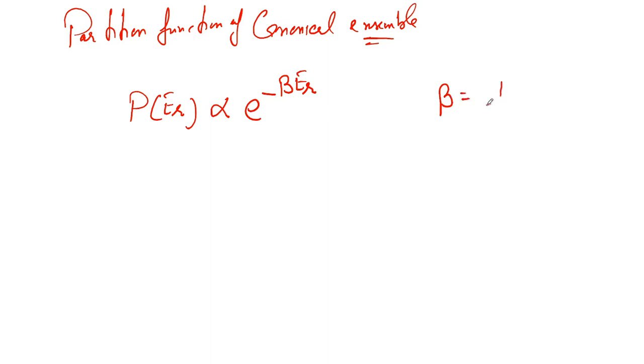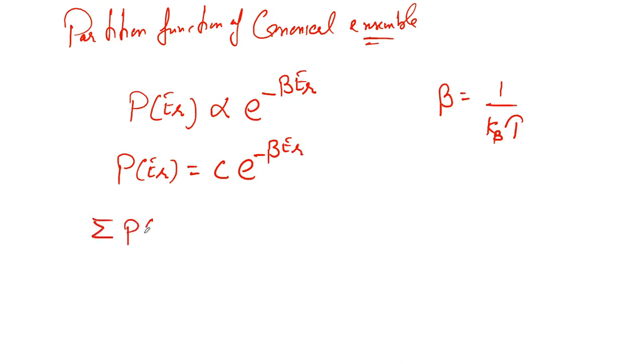where B is equal to 1 over kBT, where kB is our Boltzmann constant. From this we can write the summation of P of ER is equal to C e raised to power minus B ER, and taking the maximum probability, the summation of C e raised to power minus B ER is equal to 1.